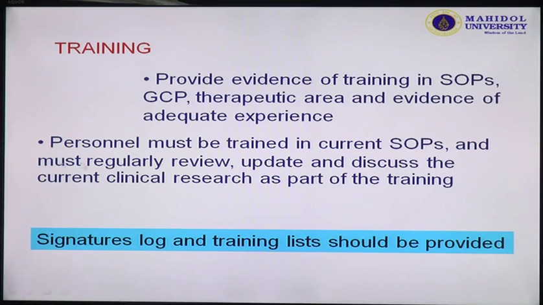So you have to have that signature log and training list. Facilities and office space, sometimes we have to build, and you have to put that in the process. For example, you go to a provincial hospital and they have no space. They say, doctor, I can give you only this room.